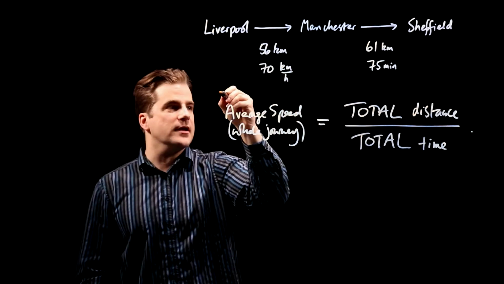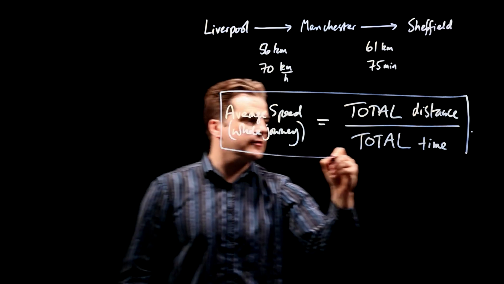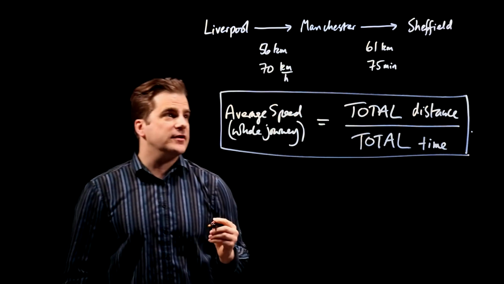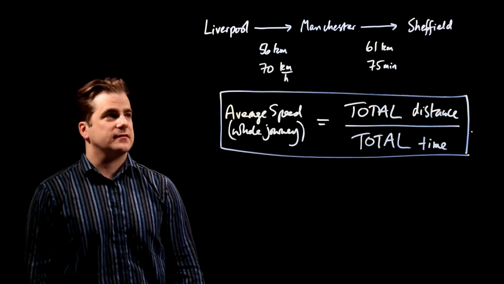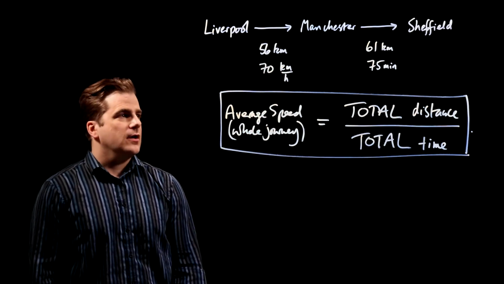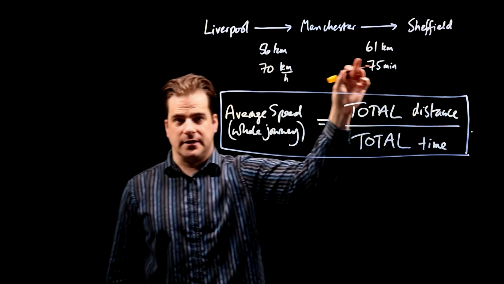Commit that to memory right now. That's the only way to work out the average speed for the whole journey, okay? There are no shortcuts. Don't fall into the trap of just working out the average of the two speeds.